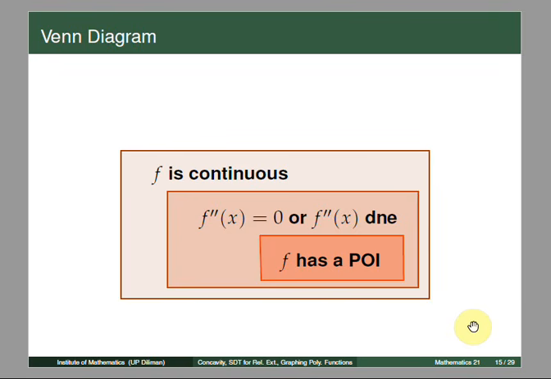Among all the points where f is continuous, a portion of that are points where f double prime of x is 0 or f double prime of x does not exist. From these points, we have candidates. Not all of them are POI, but we have candidates for points of inflection. Now to determine if indeed it is a POI, we need to check the table of signs of f double prime and check if concavity changes at the point.